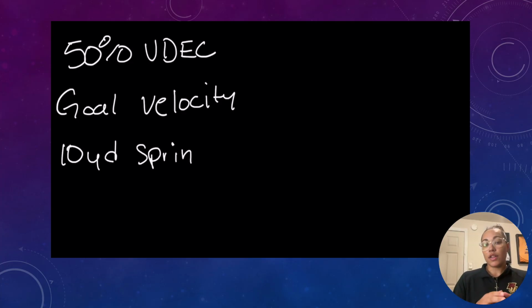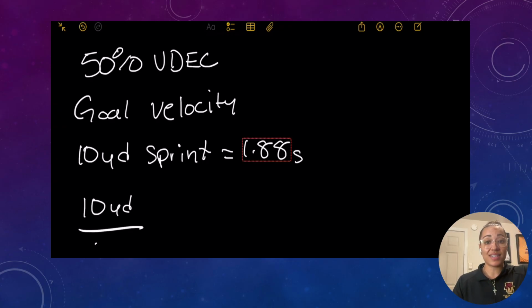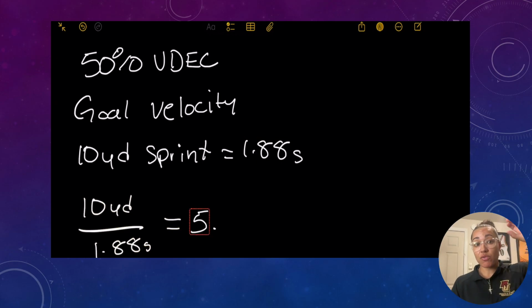Okay. Now, another thing that you're going to notice is when you are doing these velocity decrements at the end, if let's just say your 50% is faster than your 75%, then maybe your athlete's profile means that you have to train them in that specific area.